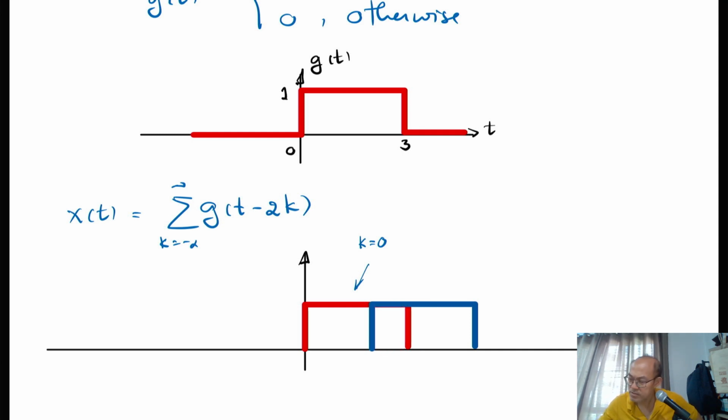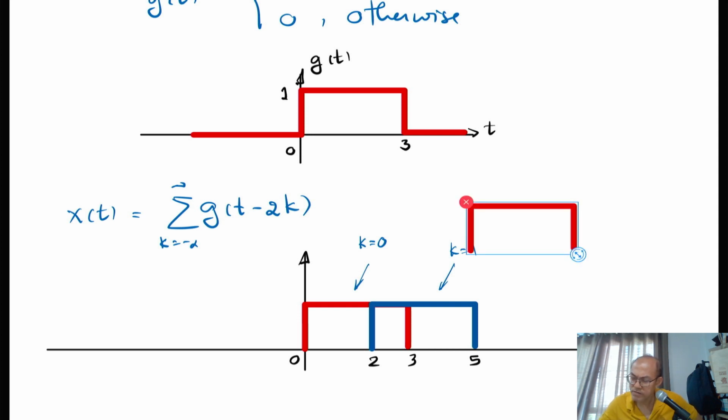So let's draw this. This is 3, this is 0, right? This is 5. Now let's draw k. This is when k is equal to 1. Now when k is equal to 2, we are shifting the red one to the right by 4. So let's make this one a green one.